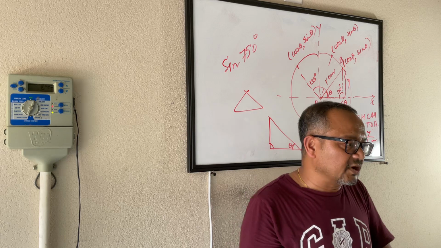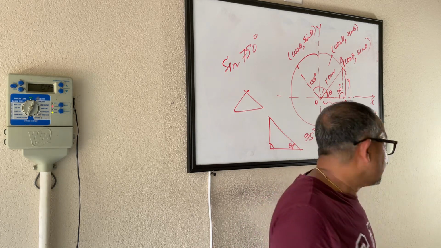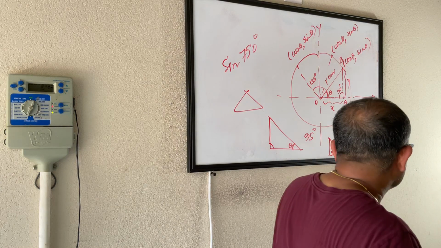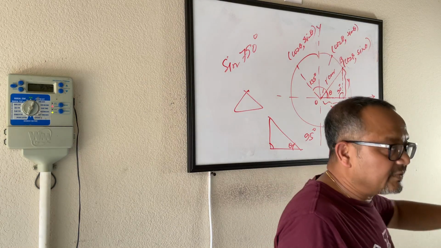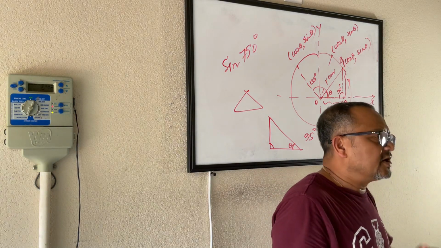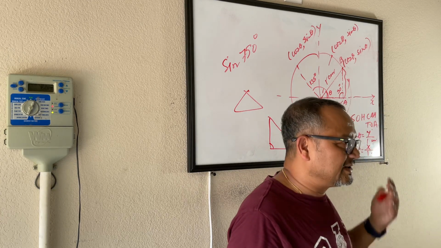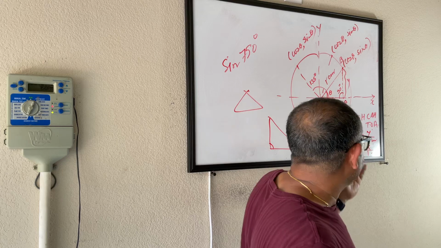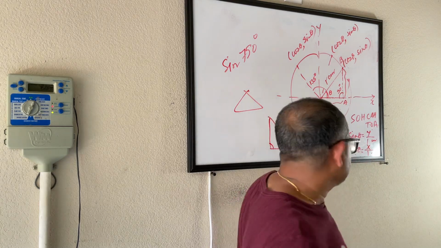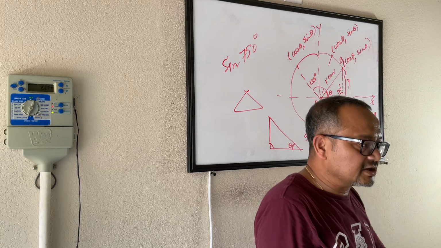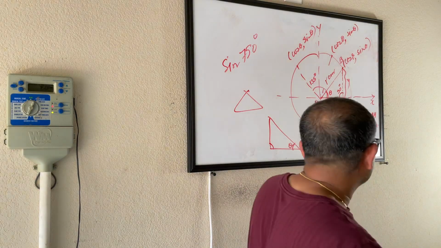Now let's look at how you will wrap your head around this. Whenever you are dealing with sine, cos or tan, or even cosec, sec or cot of any angle more than 90 degrees, you will switch away from the right angle triangle and jump onto the unit circle, because that is the way.